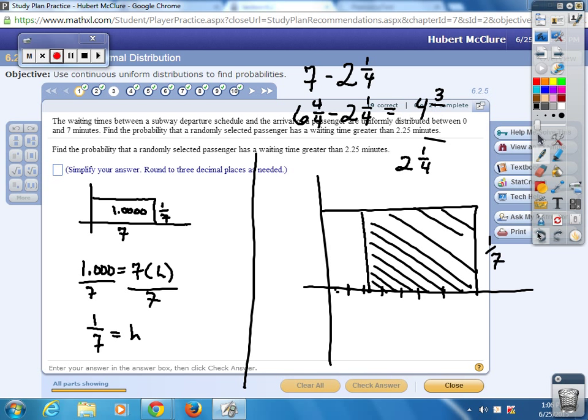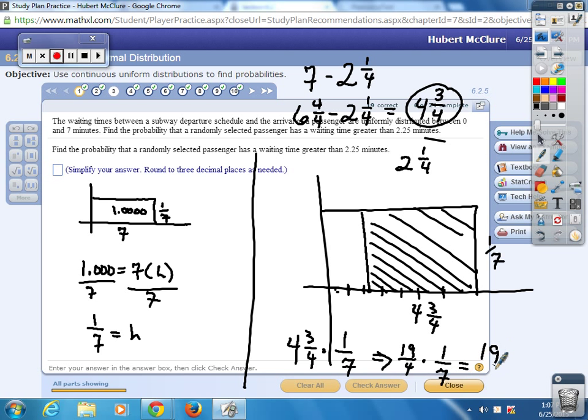Now we take 4 3/4 and multiply it by 1/7. Change this into 19 over 4, and that would be 19 over 4 multiplied by 1/7, which would be 19 over 28.